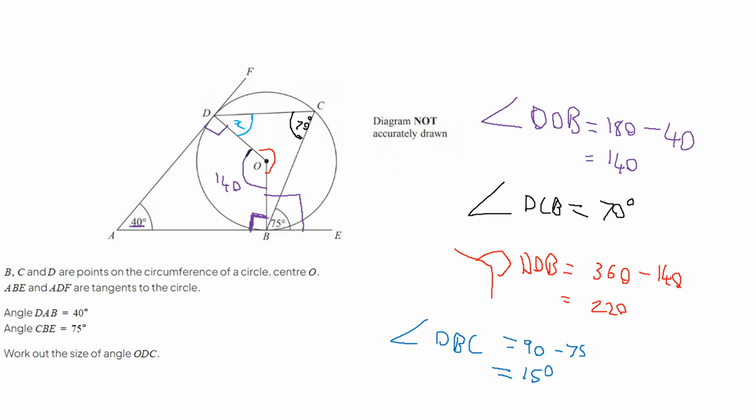And now it's really straightforward to work out what x is, because this is a quadrilateral, which means it adds up to 360 degrees. So therefore, x is simply going to be equal to 360 minus 70 minus 220 minus 15.